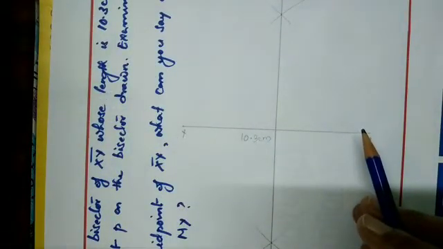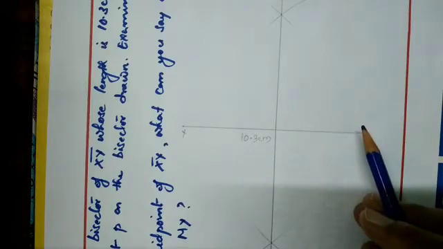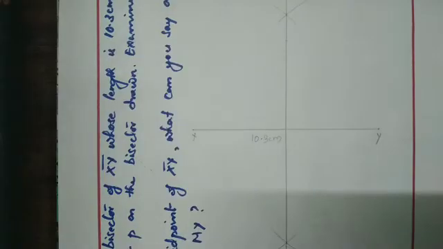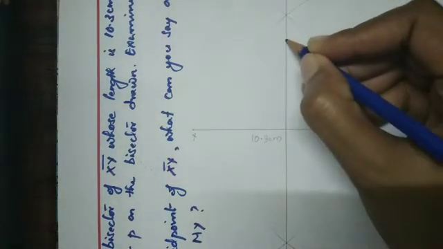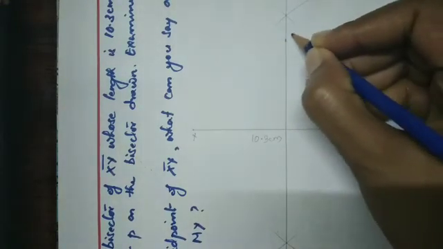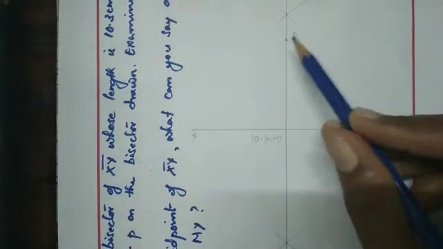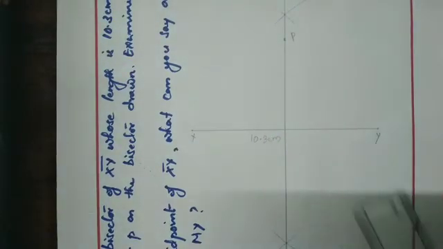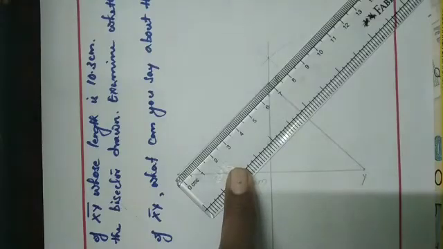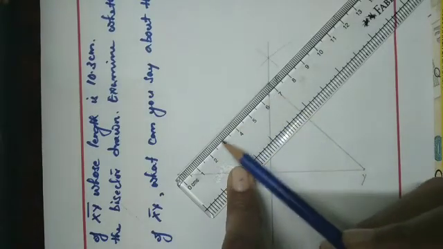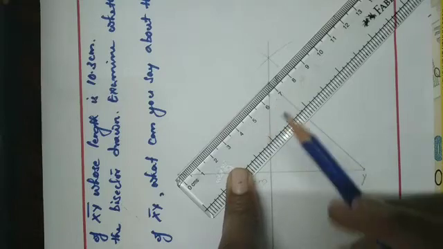Then next, take any point P on the bisector drawn and examine whether PX equals PY. Mark P here. Then measure the distances PX and PY. PX is 7 centimeter.